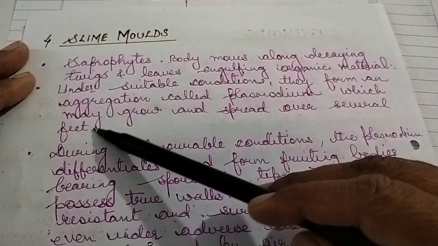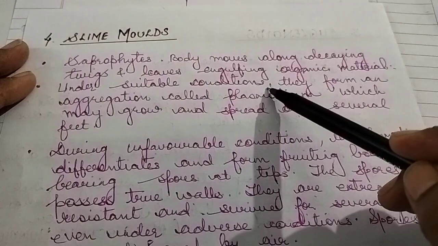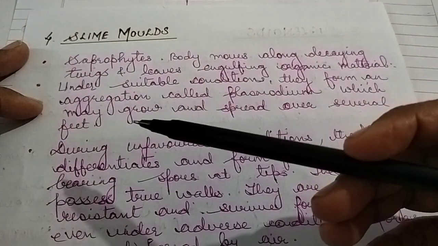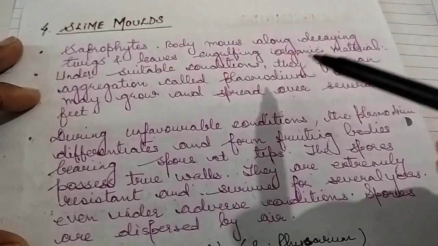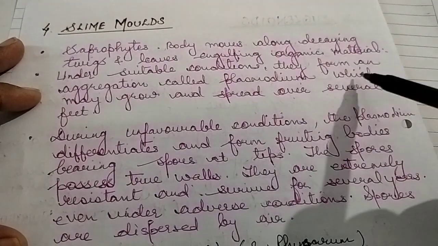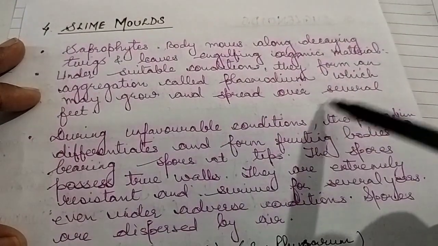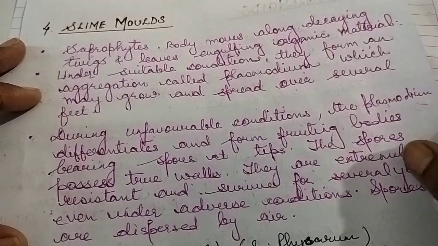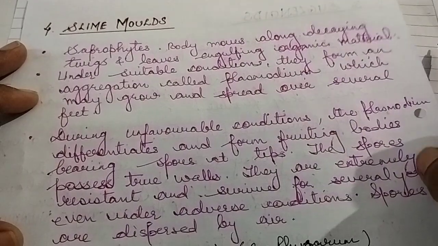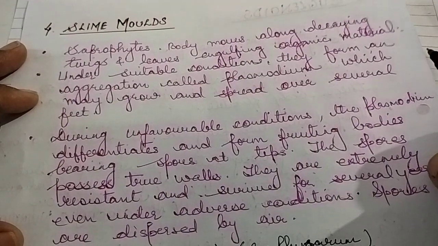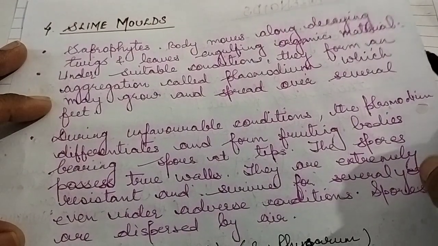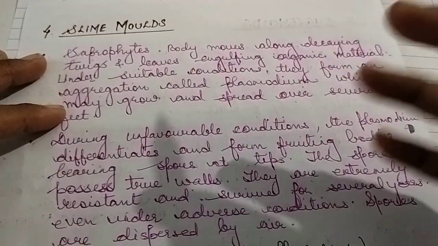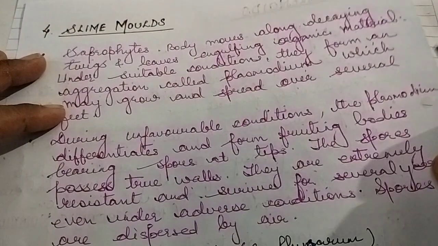Next character, under suitable conditions, they form an aggregation, an accumulation called plasmodium, which may grow and spread over several feet. So, what is this specific character? When they have suitable, favorable conditions, they aggregate, they accumulate together and form a structure.